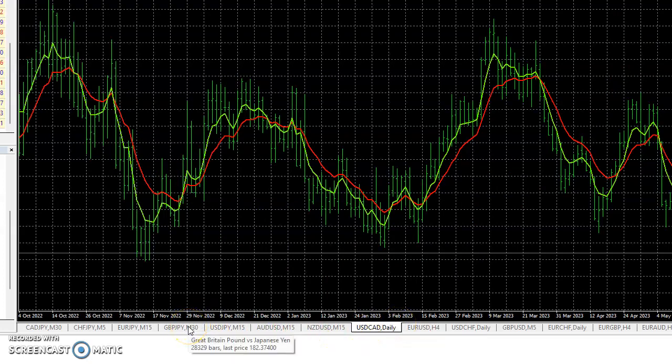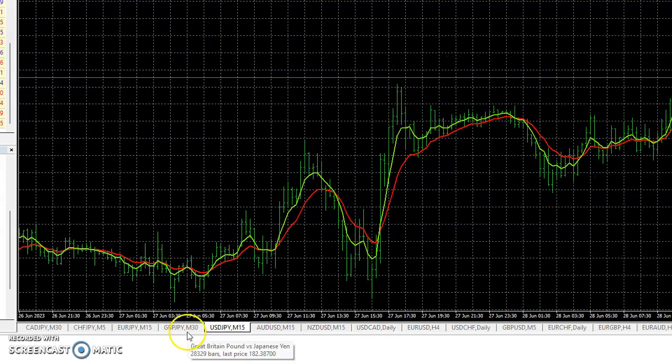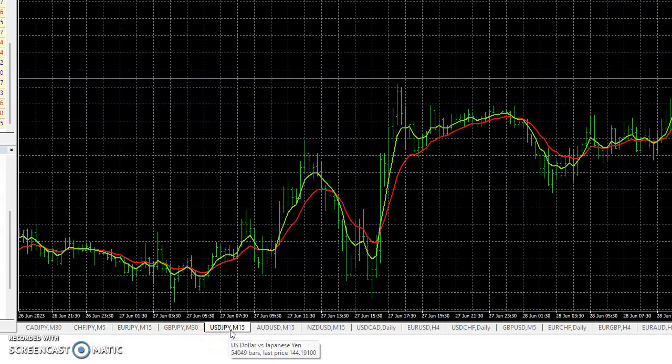You click down on the symbol for the pair, and all you do is hold your left mouse down, left side of the mouse down, and slide it over, and now it's grouped with all of the USD pairs. So now I have all of the USD pairs grouped together. Over here I have all the yen pairs grouped together, and I transition through with the USD yen because it has the yen and the USD.